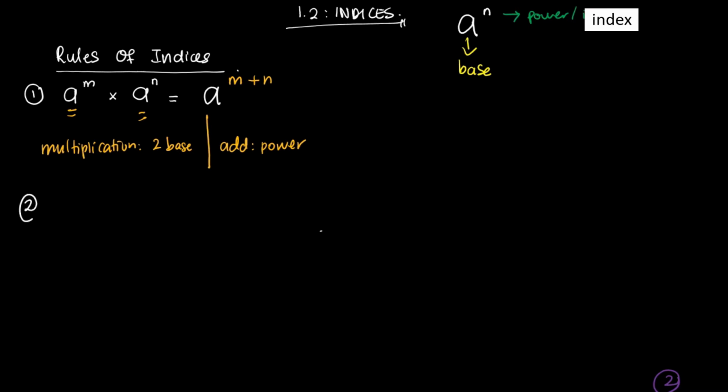We go to rule number 2. We have a to the power of m divided by a to the power of n. We can write it in the form of a fraction because it is division. It is the same as a to the power of m minus n.